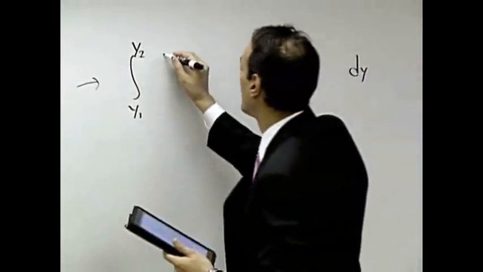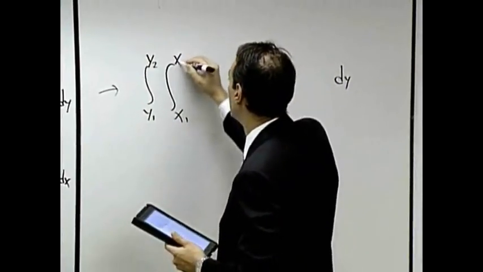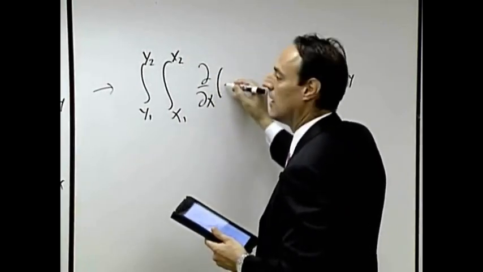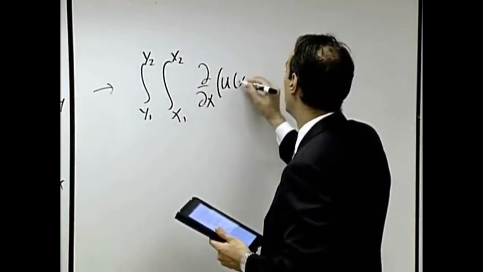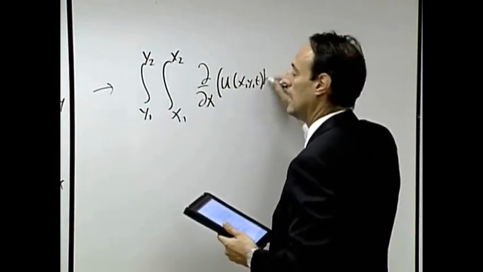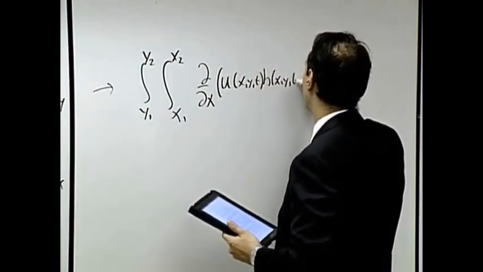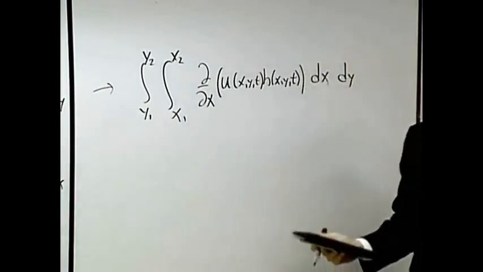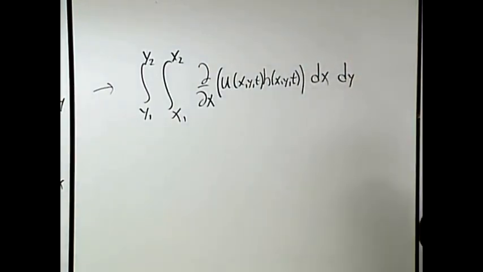So I replace that with the integral from x1 to x2 of d dx of u h, dx. I just want to tell you I haven't cheated. I haven't done anything wrong. Everything's good so far. Everybody good with that?